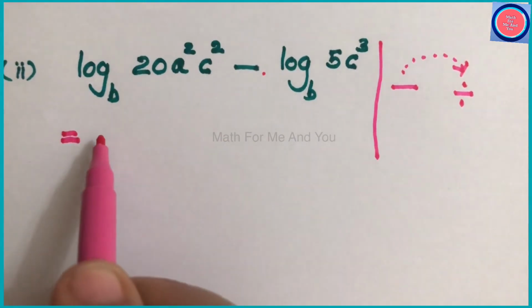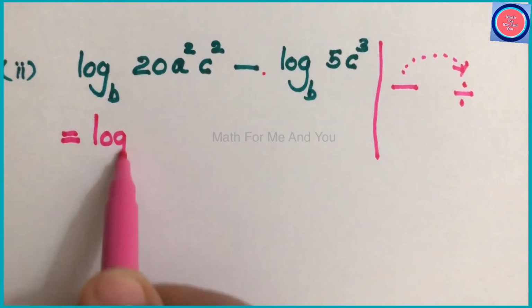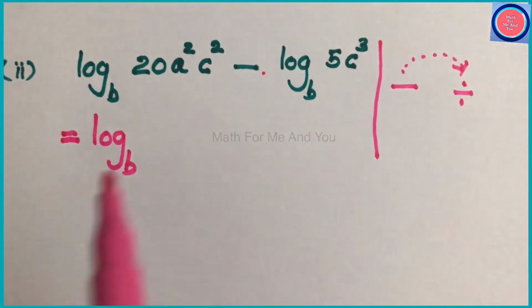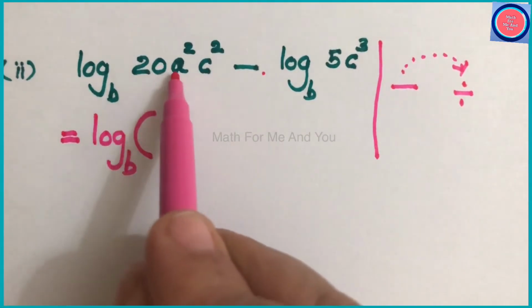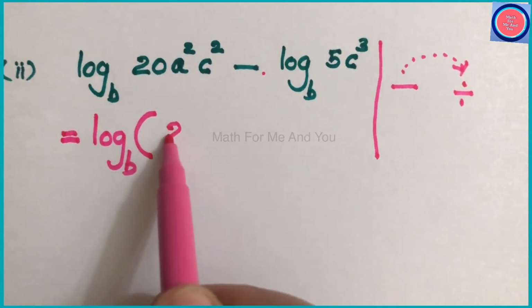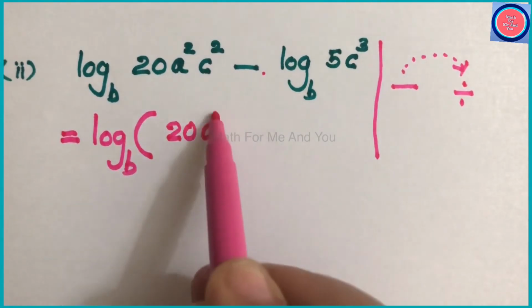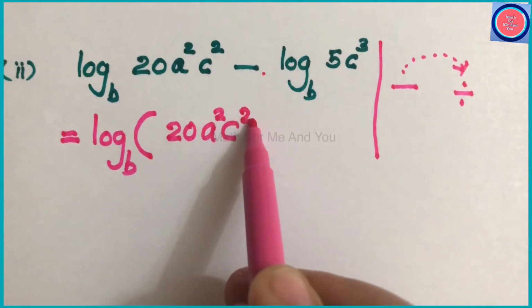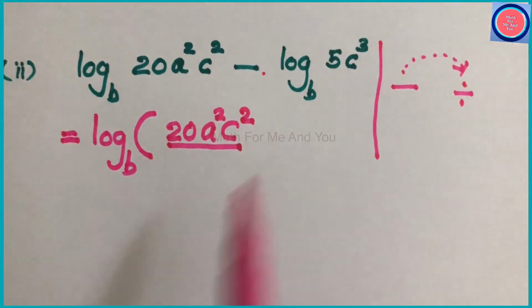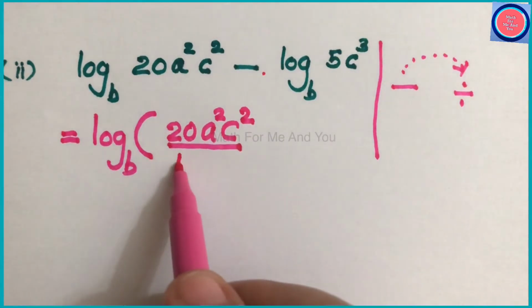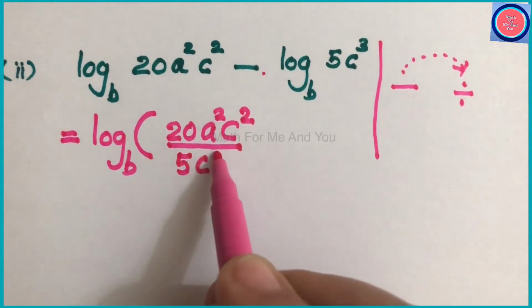We can write as single logarithm, log to the base b. Open a bracket. Inside the bracket, write 20a square c square. Minus we change as over. Then write 5c power 3 as the denominator.